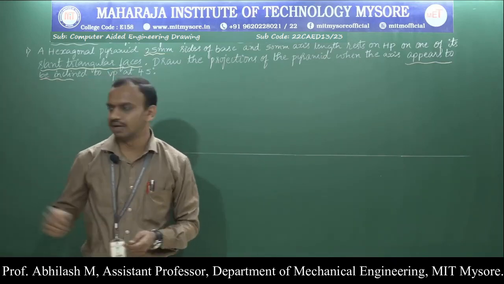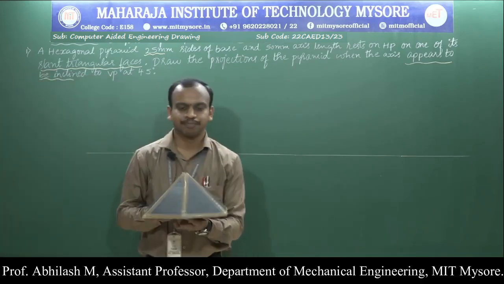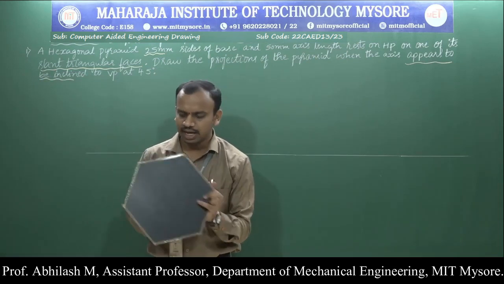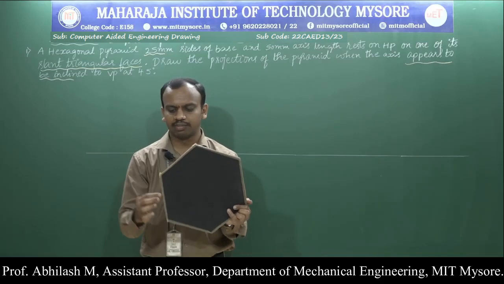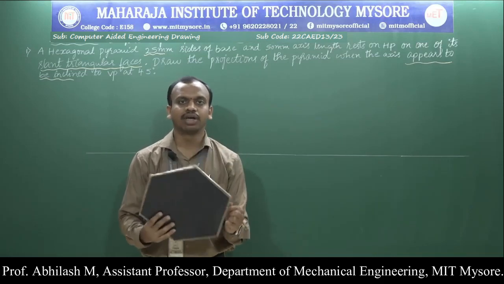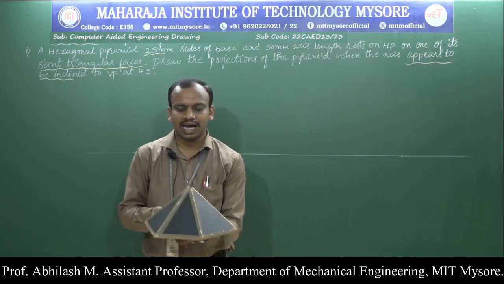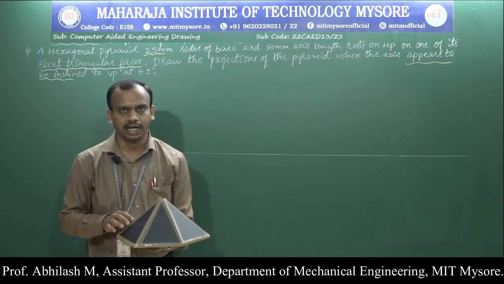So what pyramid have they given? They have given us the hexagonal pyramid. So don't worry about the axis height. It is a hexagonal pyramid having 6 sides. Each side of the base is 25 millimeter according to the given problem, and it has an axis length of 50 millimeter.